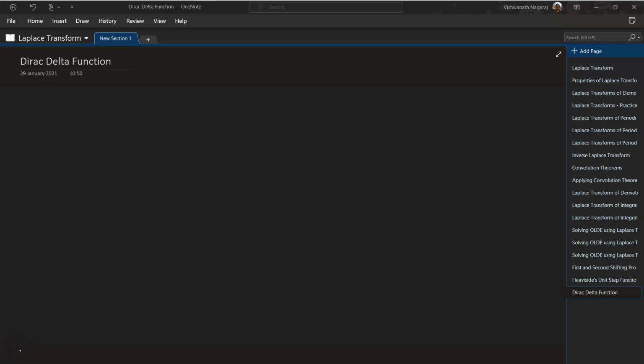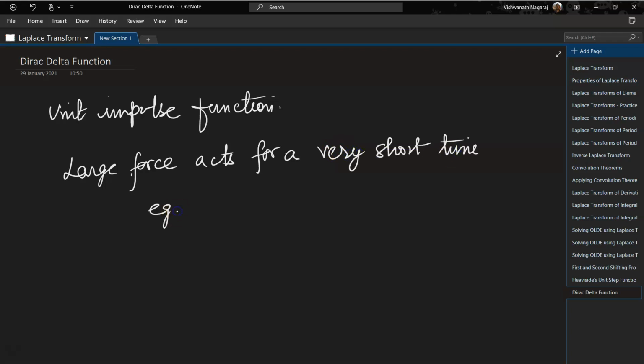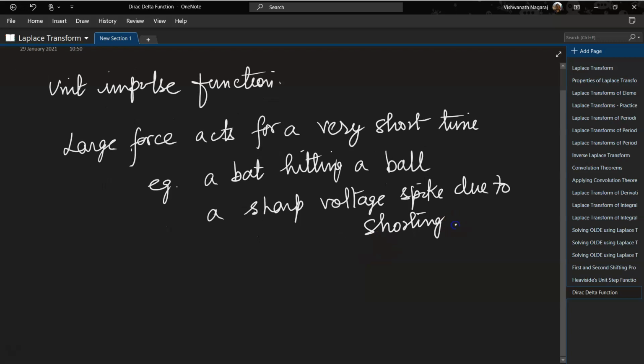Let's look at the Dirac delta function, also called the unit impulse function. Now, when a large force acts for a very short time, for example, a bat hitting a ball, or a sharp voltage spike due to shorting.